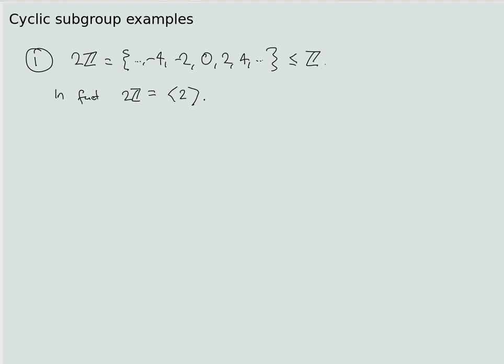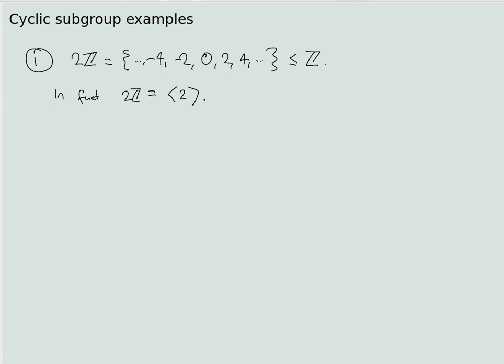The reason for that is the cyclic subgroup generated by an element g is the set of all powers of g. Powers means what you can get by combining your element with itself using the group operation, and what you can get by combining the inverse with itself using the group operation. So here, if you combine 2 with itself using our group operation, which is addition, you get 2, 4, 6, 8 and so on, so the positive half of 2Z.